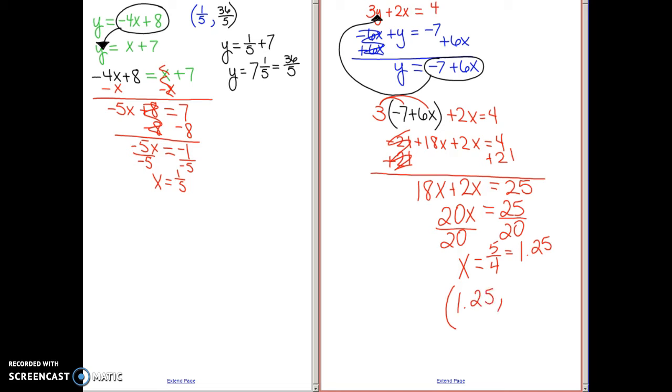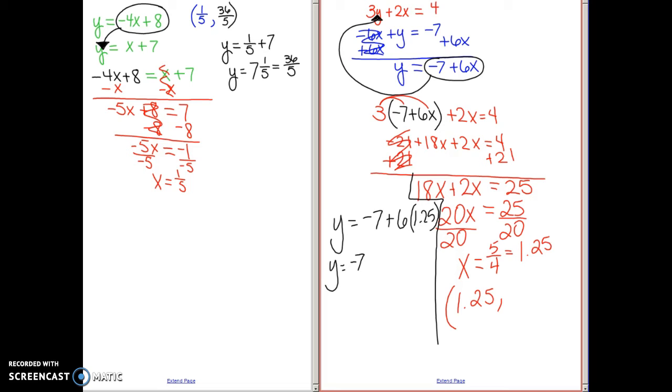To find my y value for my coordinate, I will substitute 1.25 in for x. So I look back to this equation, y equals negative 7 plus 6x, and I have y equals negative 7 plus 6 times 1.25. Order of operations tells me to multiply prior to adding.